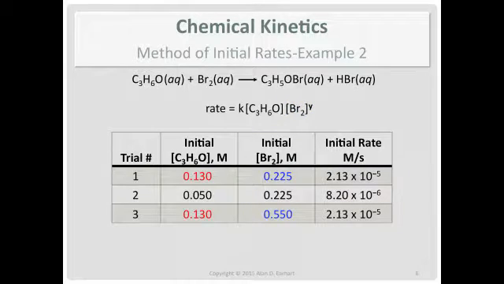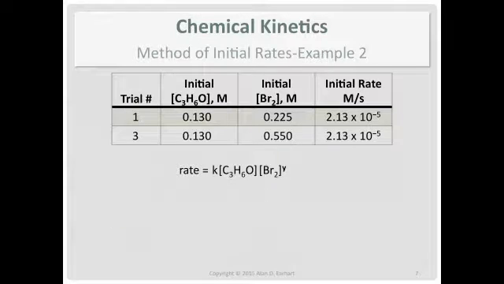So I'm going to choose to compare trials 1 and 3 to each other because the concentration of bromine is changing while the concentration of acetone is not changing. Now notice that the initial rates are not changing. I wonder what that means. Let's carry on.